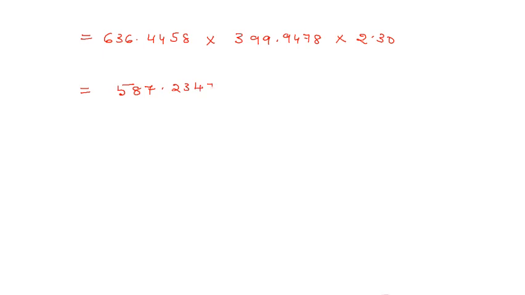So on multiplication, the first term will get the answer to be 636.4458, and the second term will get as 399.9478, and the third term you get as 2.30, and on multiplication we'll get the answer as 587.2347 kilowatt per meter square.